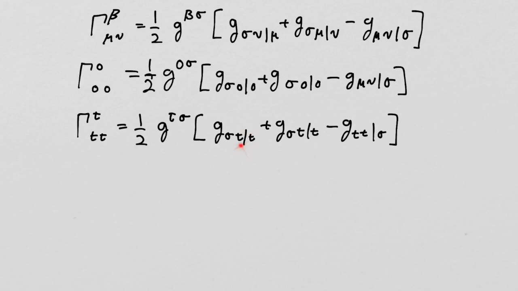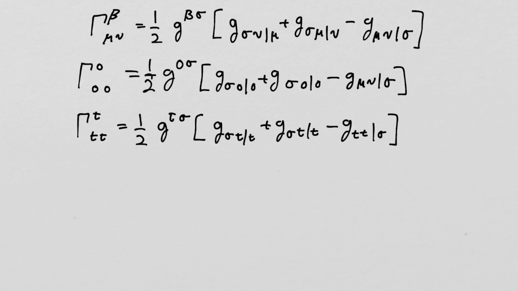Now you can kind of see we're going to take derivatives with respect to the time coordinate, instead of the 0 superscript of the coordinate system. So that would be the derivative with respect to x0, and this is the derivative with respect to the t coordinate. Same thing, but once you're digging into an example, you go ahead and allow yourself the freedom of being a little more specific and a little less general.